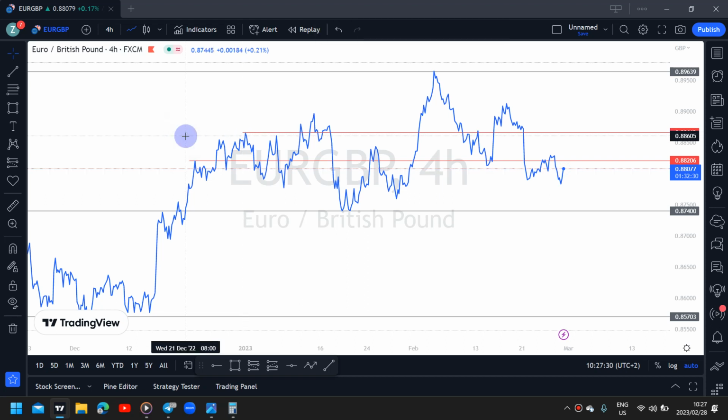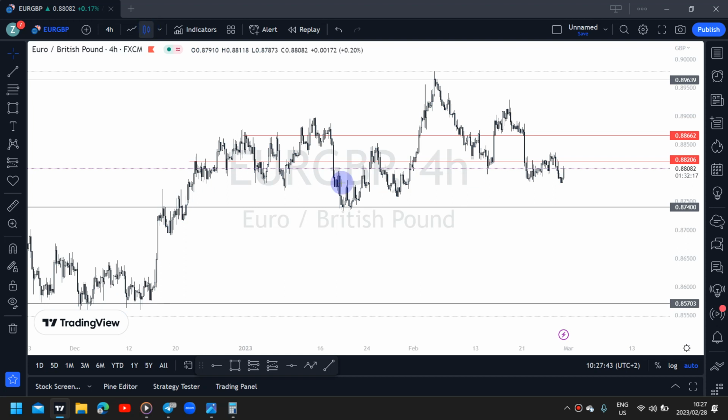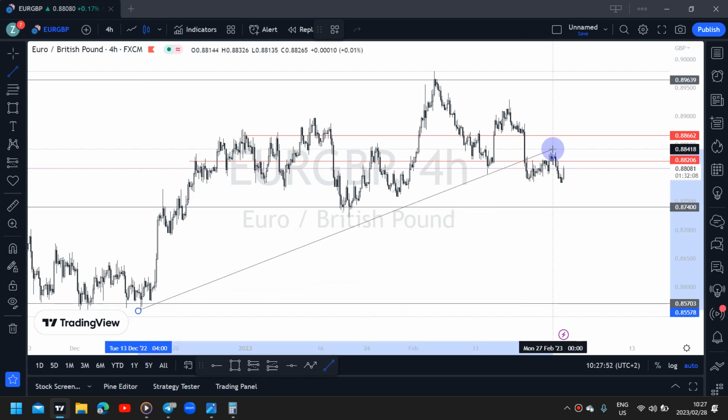Okay, so I have my 3 major key levels and my 2 minor key levels, but basically I do have my key levels on the line graph of the EURGBP. Now switching back to candlesticks to identify now the market structure, basically the market structure.